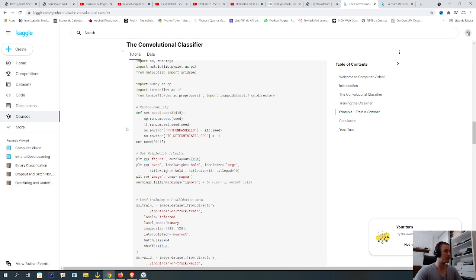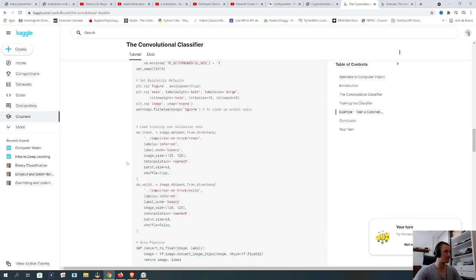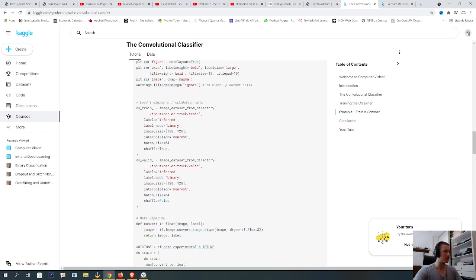Which is different than other problems because it's not a pandas data frame, apparently. Oh, it looks like it might be sort of like a pandas data frame, but made out of images instead.